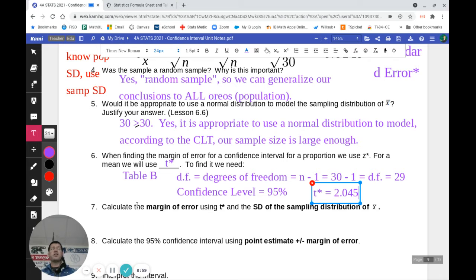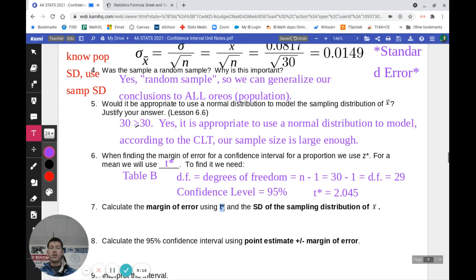And we're going to use this the same way that we use the critical z-score. And we're going to take our point estimate that we had down here and subtract the margin of error. To get our margin of error, we're going to multiply our critical t value we just found and the sampling distribution that we calculated up here in number 3.